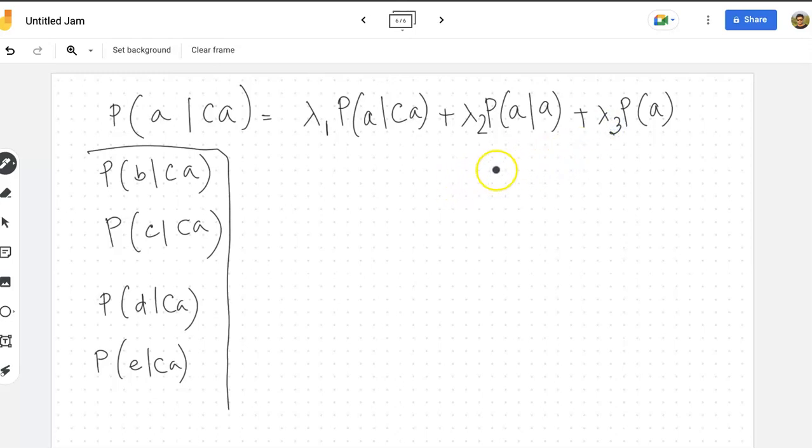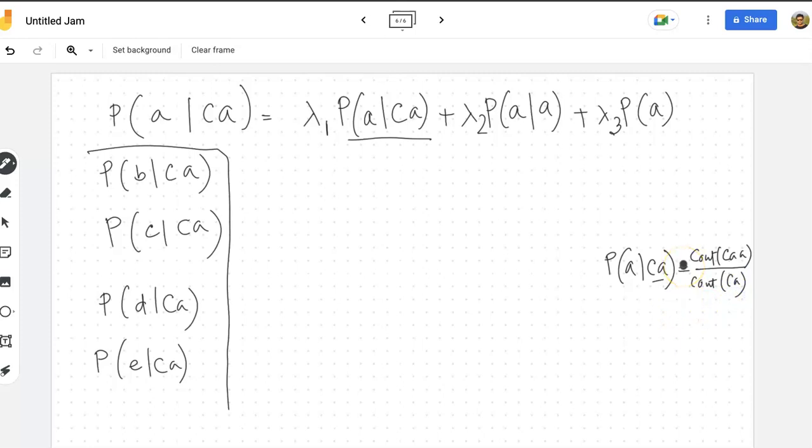Now let's see what is already given in the question. Let's start with the probability of E A given C. How to calculate this probability? You just need the count of CAA and the count of CA.